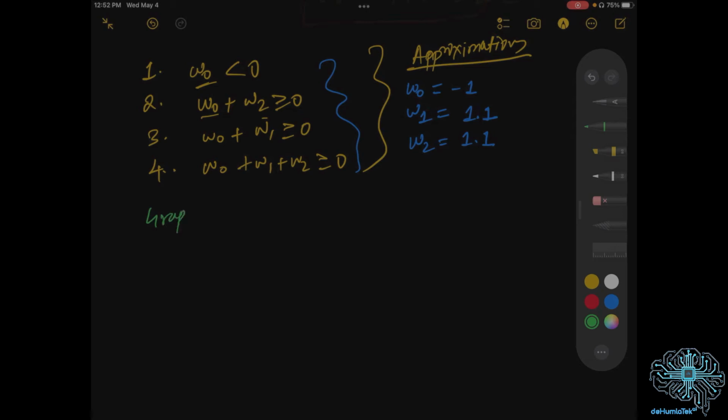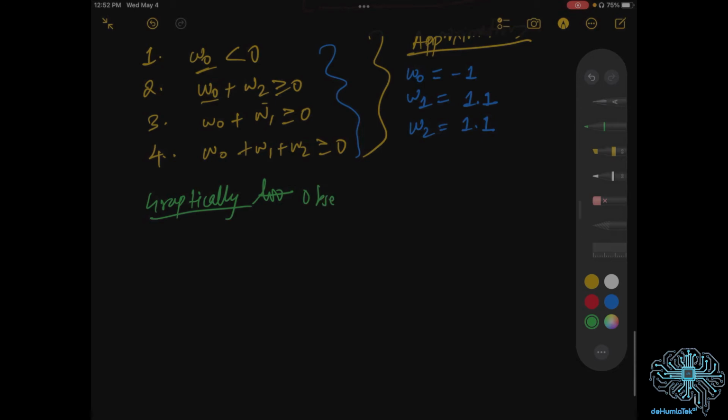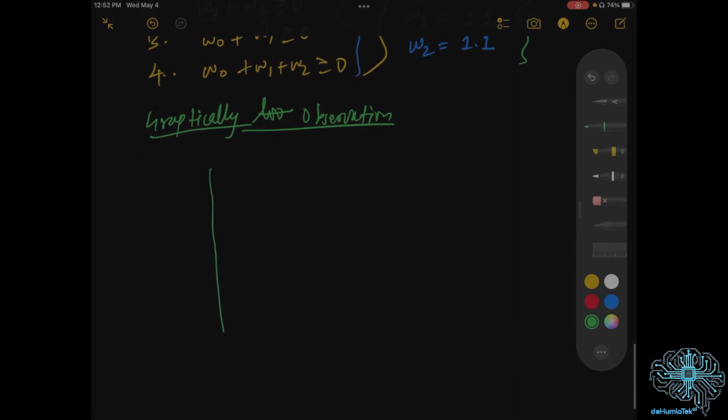Let's graphically look at what the observation would be with these values. This is x1 and x2, and this is 0 0, 0 1, 1 0, and this is 1 1.